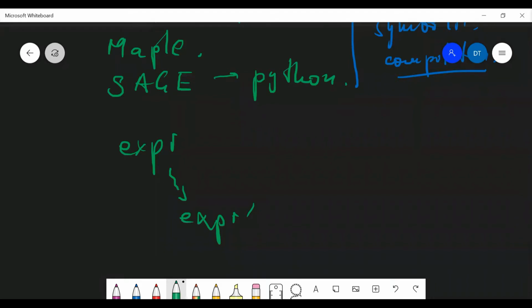Let me give you an example. For example, you might take square root of 2 and you want to raise it to the second power, then this is exactly the same as 2. So as you can see, this expression and this expression are different, but they represent exactly the same value. So you can represent exactly the same value by different expressions.